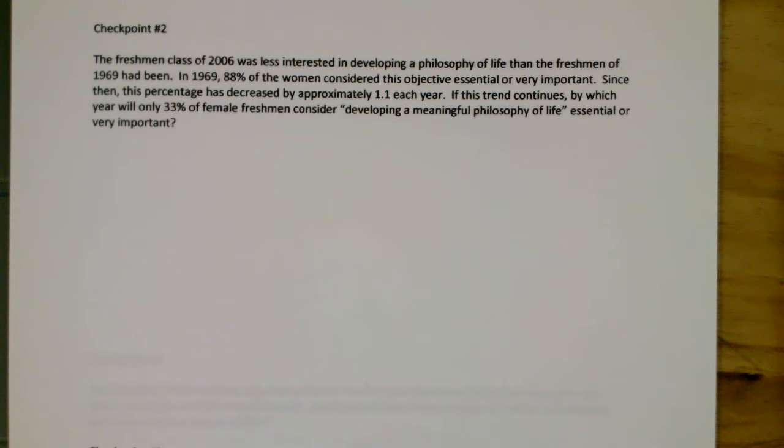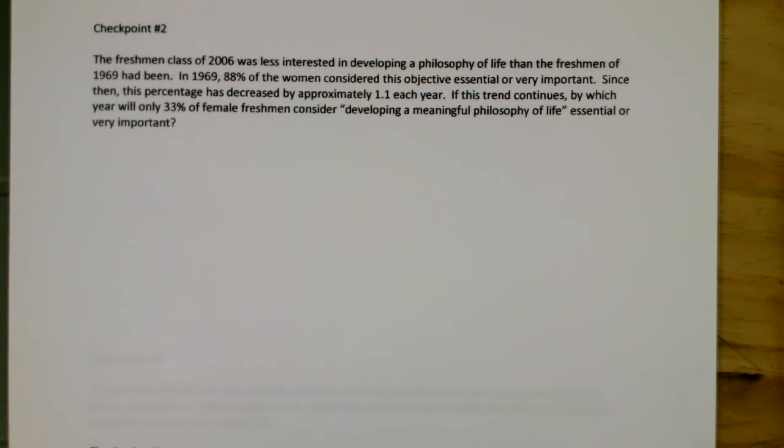All right, let's look at the next example, example 2. The freshman class of 2006 was less interested in developing a philosophy of life than the freshmen of 1969 had been. In 1969, 88% of the women considered this objective essential or very important.